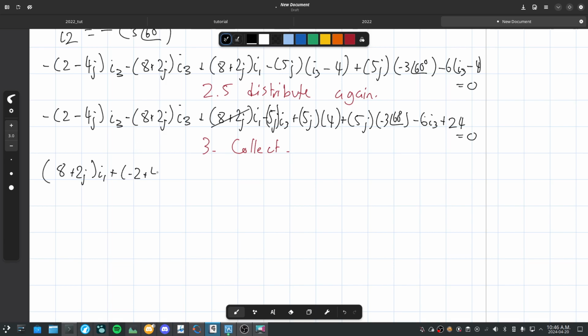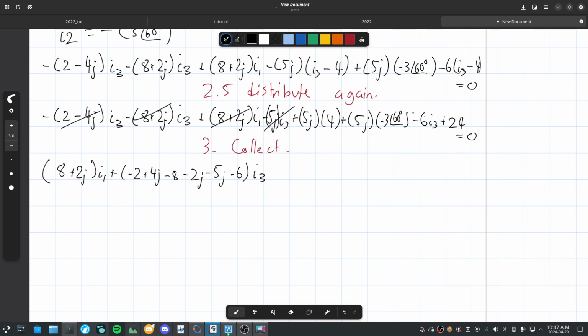Negative 2 plus 4j. Remember that negative sign gets distributed in. Negative 8 minus 2j. So those two get taken. Negative 5j minus 6 I3.